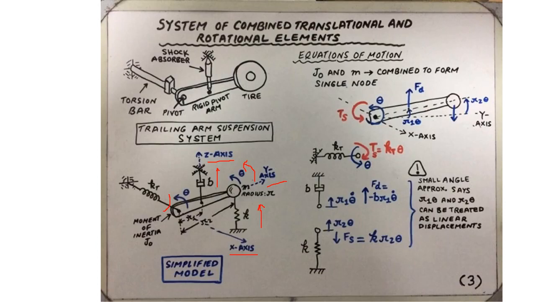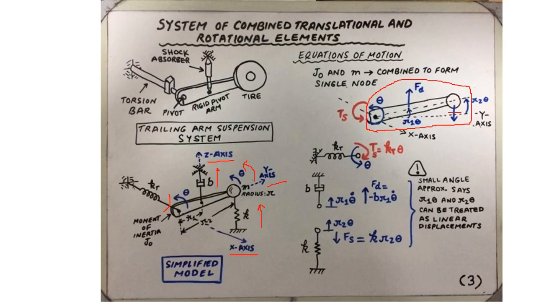And the first thing to note is that the pivot arm, assuming it will have a moment of inertia J0, is directly connected to the mass m of the tire as well as the wheel assembly. What we can do now is lump the moment of inertia and the mass together into a single node and write down the equations of motion.